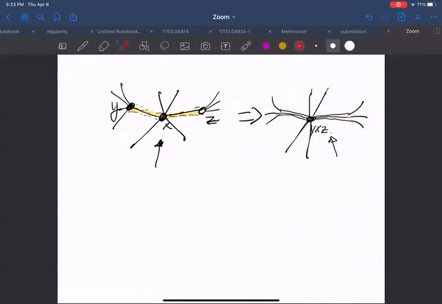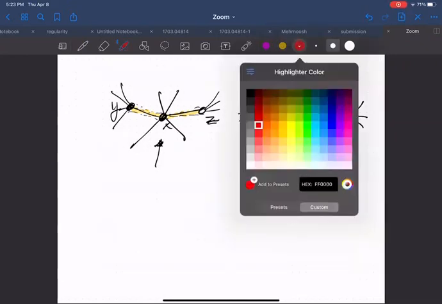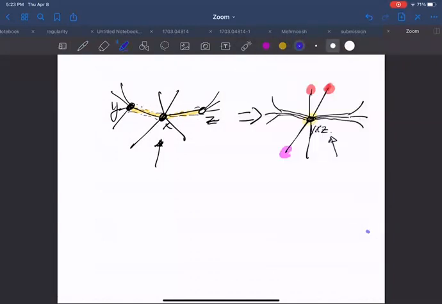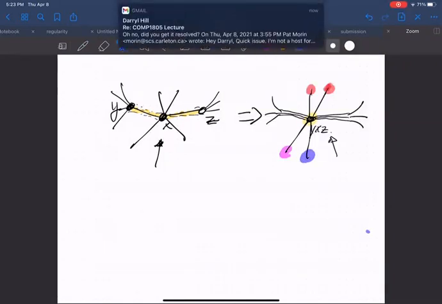Okay, so I inductively color this thing using 5 colors. So what happens when I do that? Well, I get some 5 coloring of this graph. Maybe it looks like that.